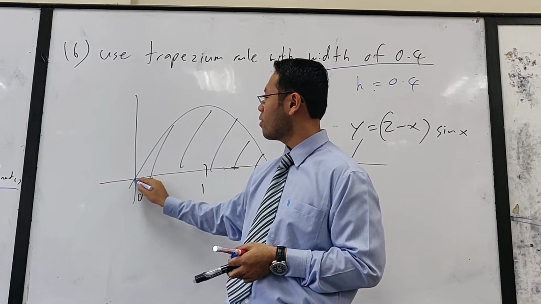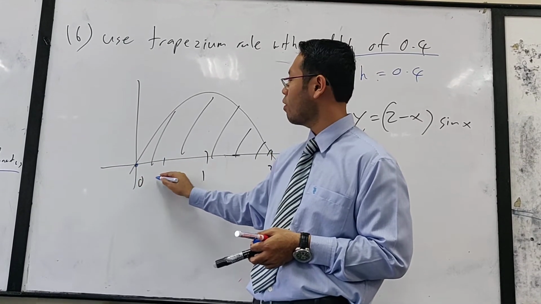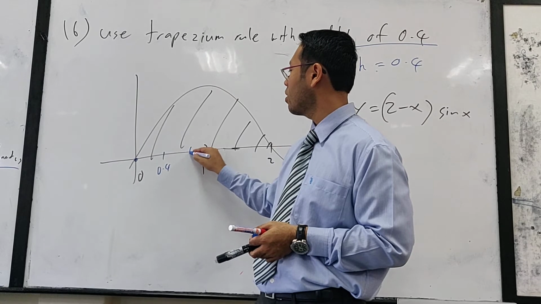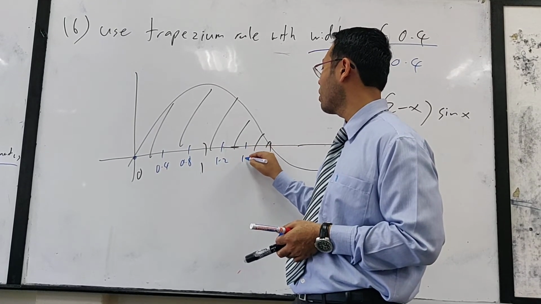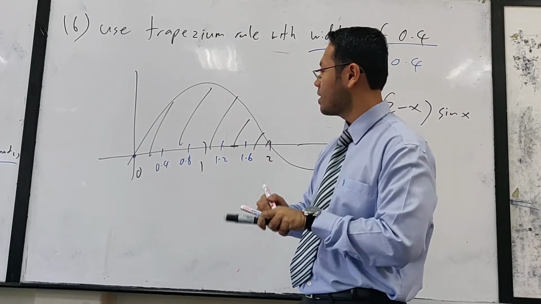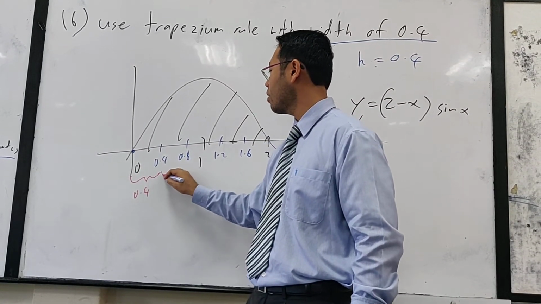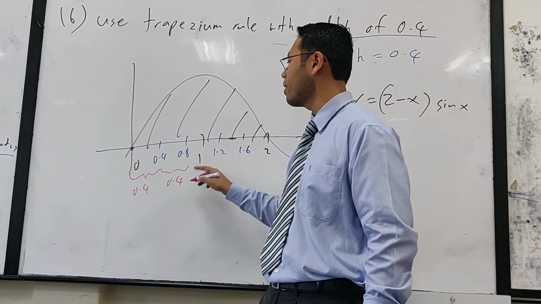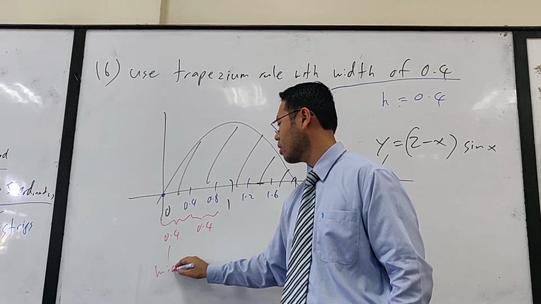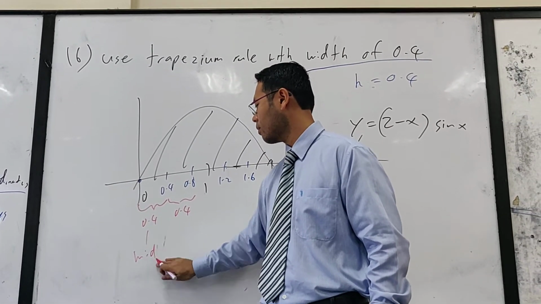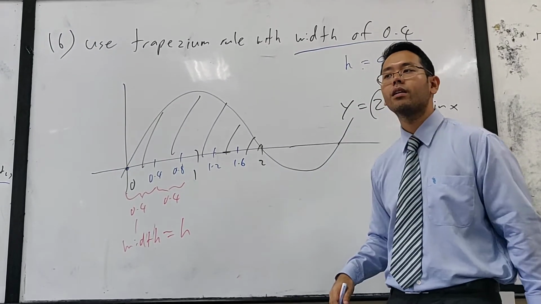The distance from one ordinate to another ordinate. So 0.0 plus 0.4, 0.4, 0.8, 1.2, 1.6. So if you can see over here, this distance is 0.4, this distance is 0.4, and so on. So this is the width. This is also the same as h. Are you okay with that?